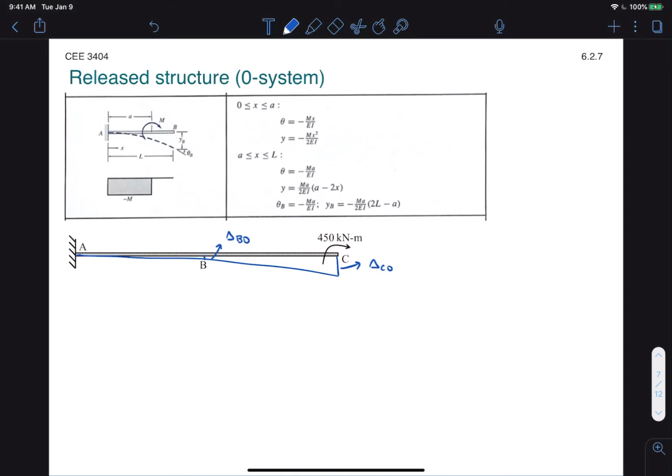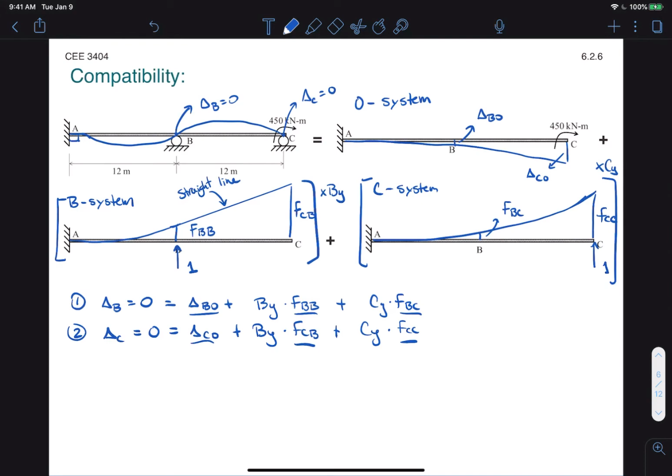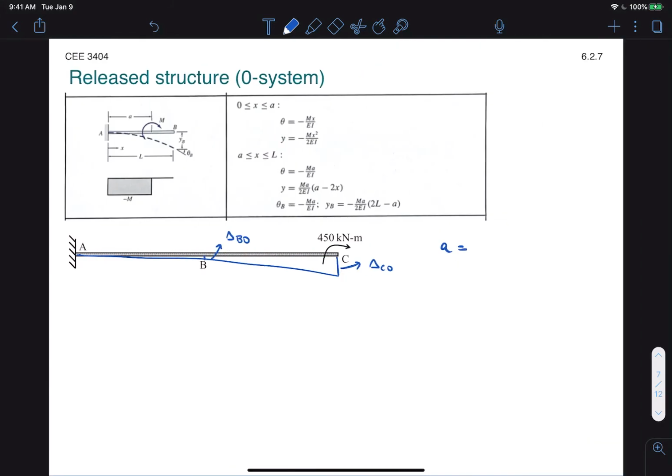So for the table, A is going to be equal to the length of the beam, which from here we know is 12 plus 12, so 24 meters. And the moment is going to be equal to 450 kilonewton meters.